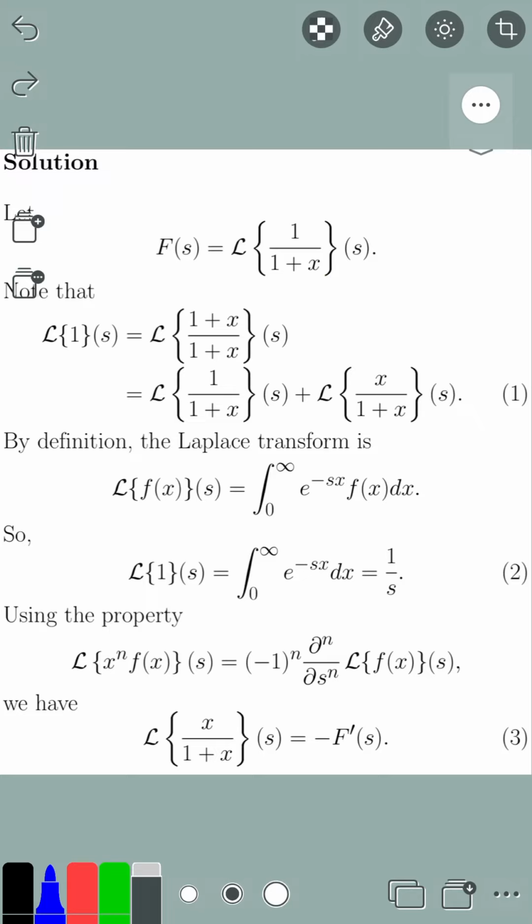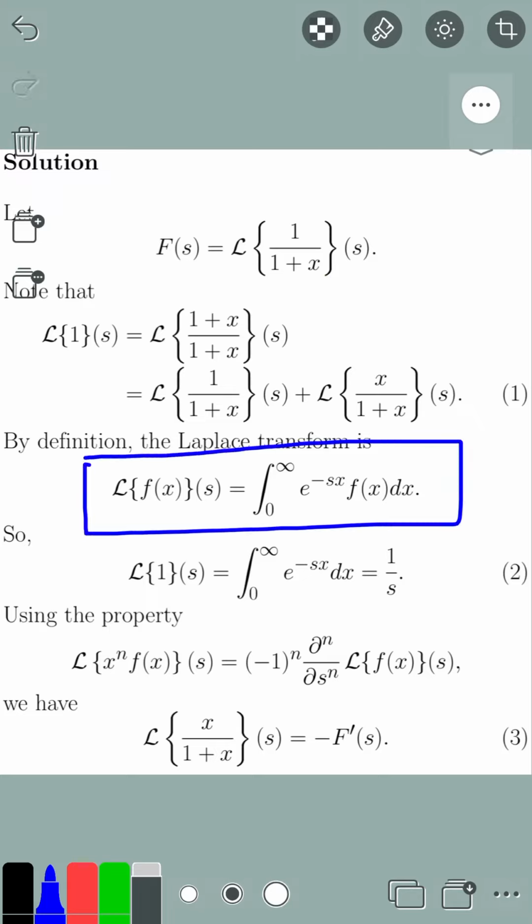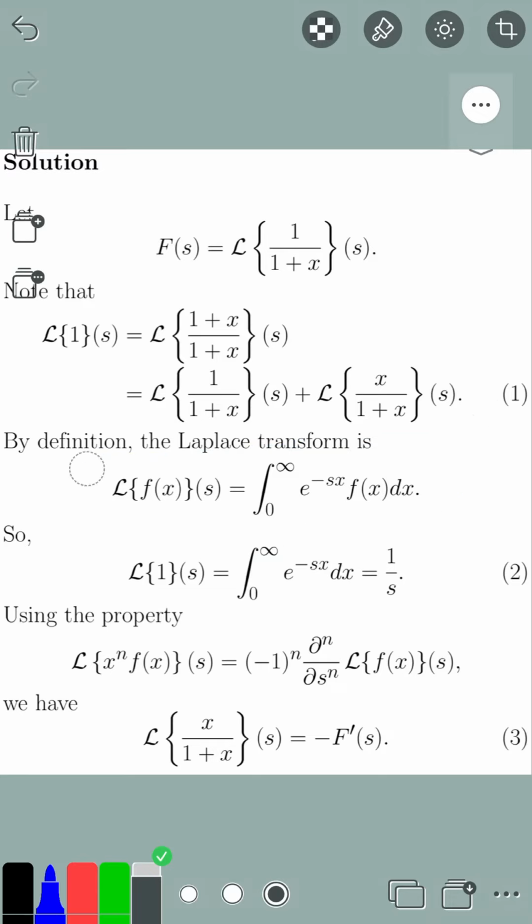So here's the definition of the Laplace transform. The Laplace transform of f(x) to the variable s is the integral from 0 to infinity of e to the power of negative sx times f(x) dx. It's kind of a tongue twister because s and x are kind of similar. Anyway, first we need to find the Laplace transform of 1, which is pretty easy using the definition.